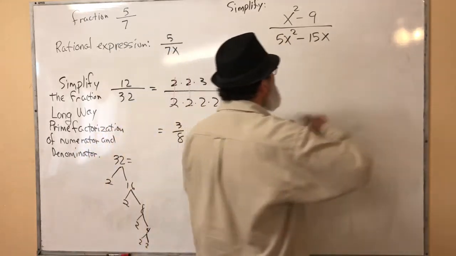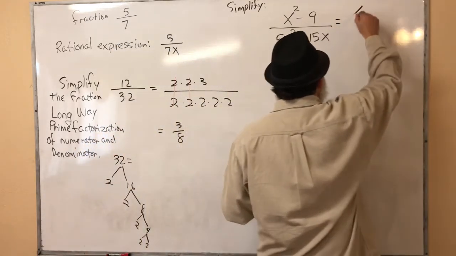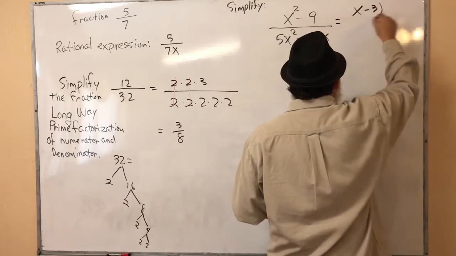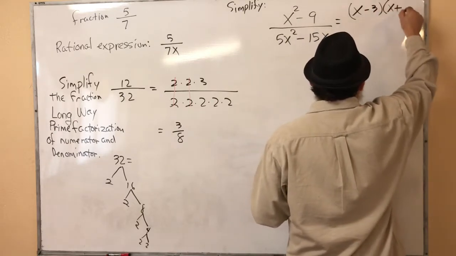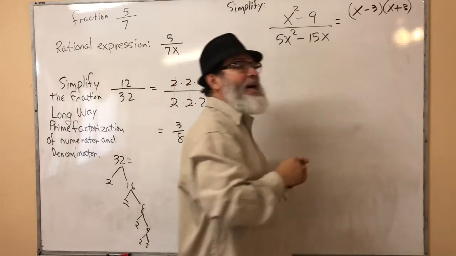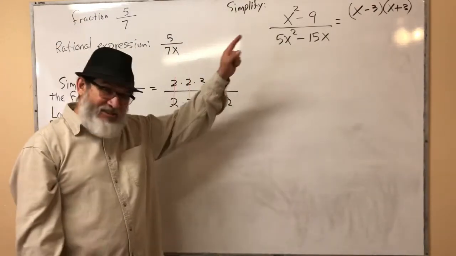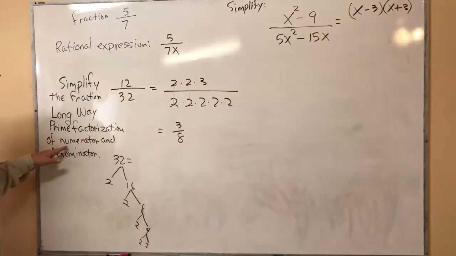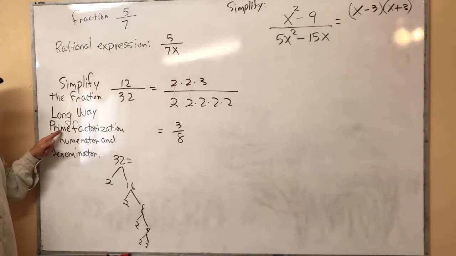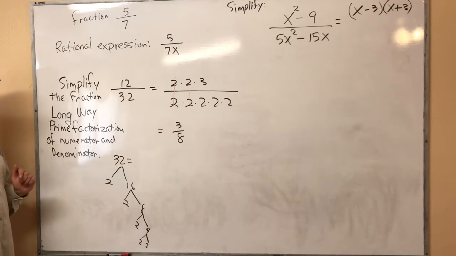So we can factor this. This is x minus 3 times x plus 3. That's the top. And that's the prime factorization of the numerator.